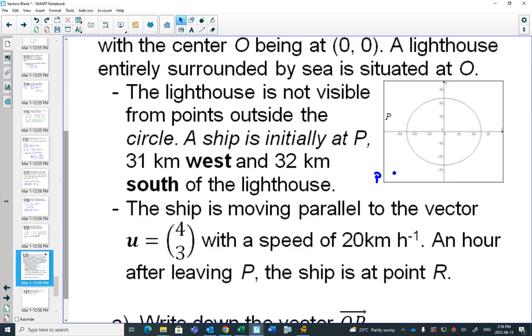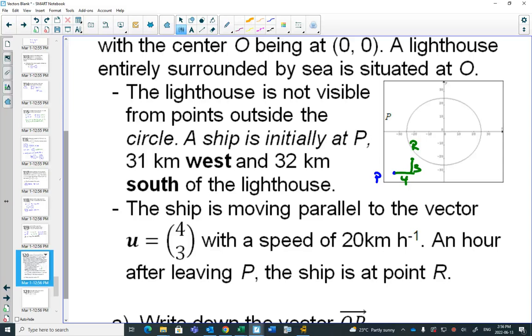So we're starting at point P. It's traveling at 20 kilometers per hour, and an hour after leaving, it's at point R. If we imagine this, it's going to go 4 to the right and 3 up. Maybe somewhere there would be point R. No, that's not true.